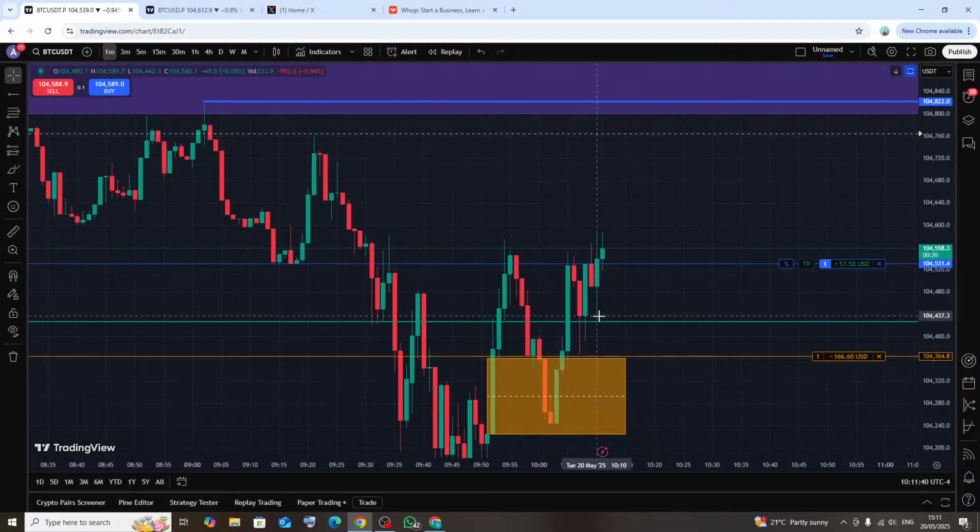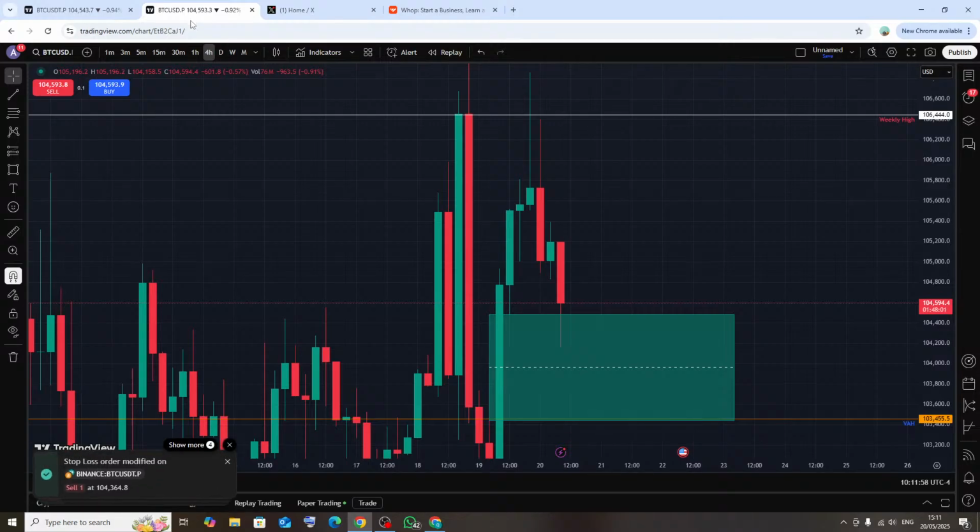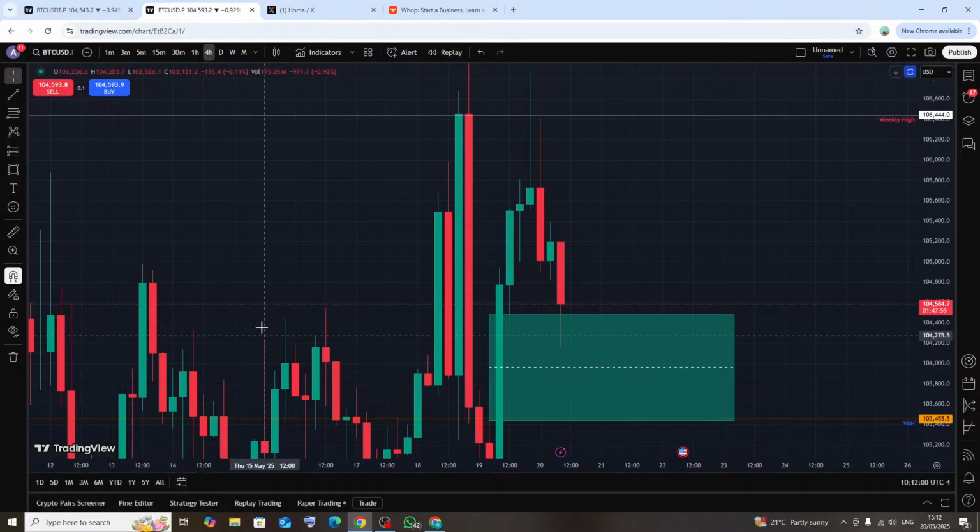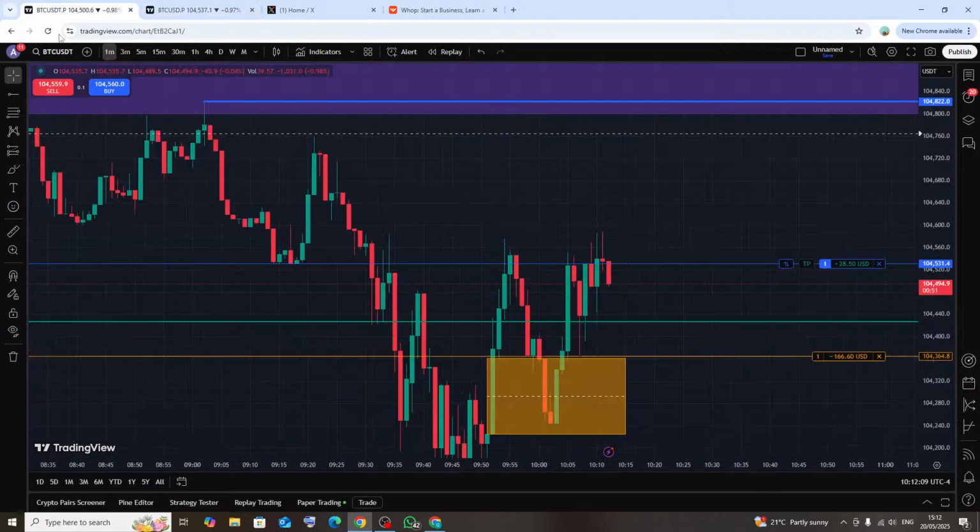Technically speaking, it will be great. The market did not show any intent to go below this low, and should not even go below this low. On the 4 hour time frame, it seems to me that I'm not confident. It could be bullish to 105,200.